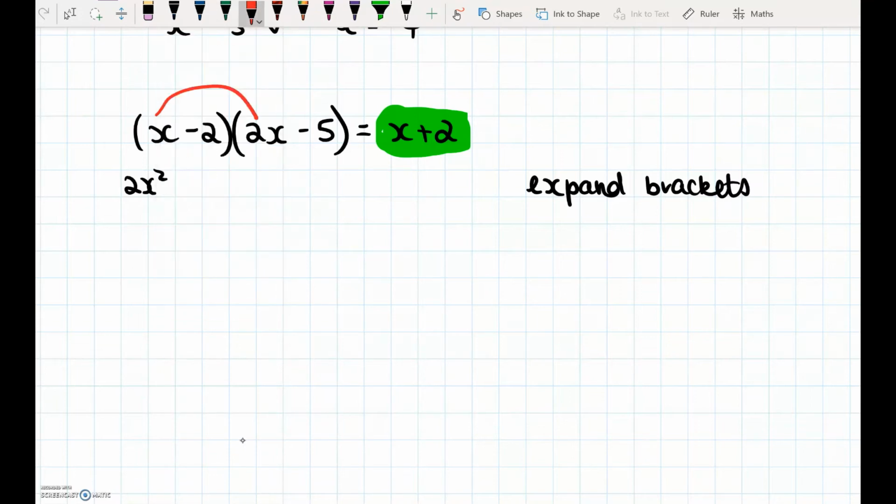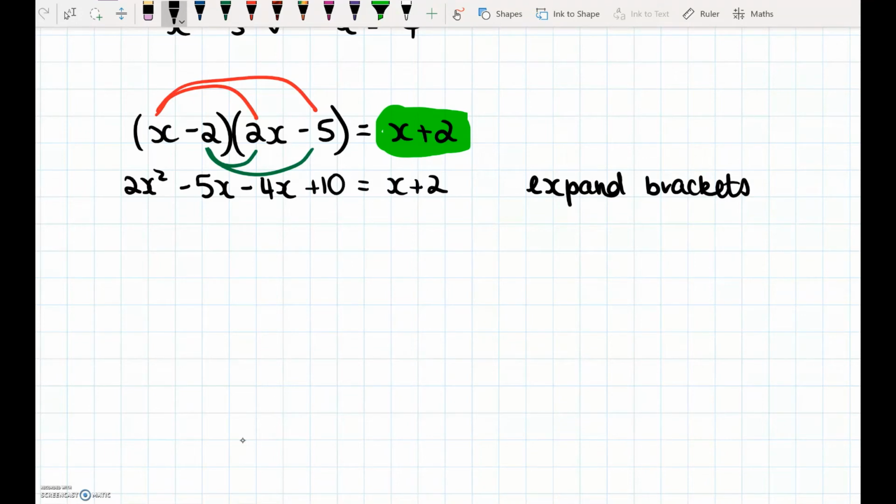All right, next one, x times minus 5, so minus 5x. Then insides, minus 2 times 2x becomes minus 4x. And then minus 2 times minus 5 becomes plus 10, equals x plus 2.